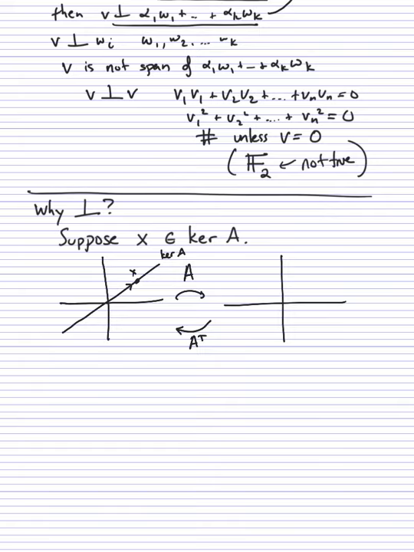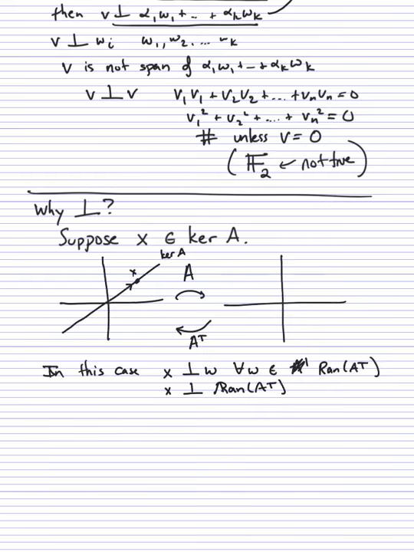In general, we can say that X is perpendicular to W for any W in the image of the transpose. Sometimes we just say X is perpendicular to the image of this map.